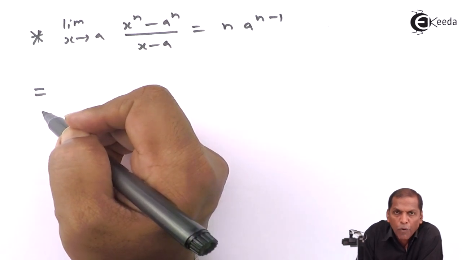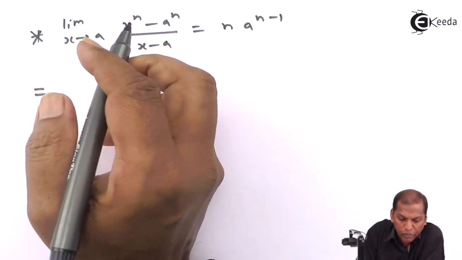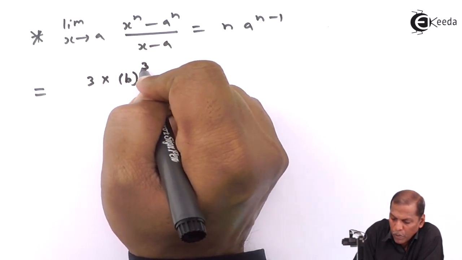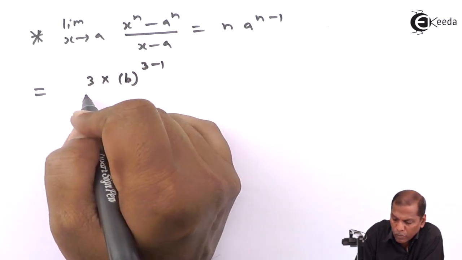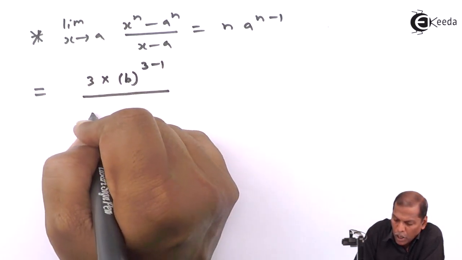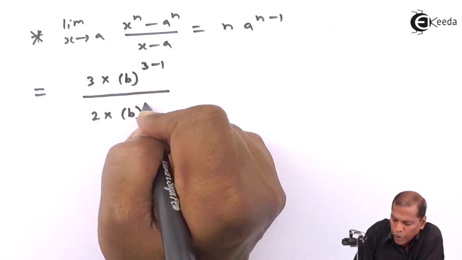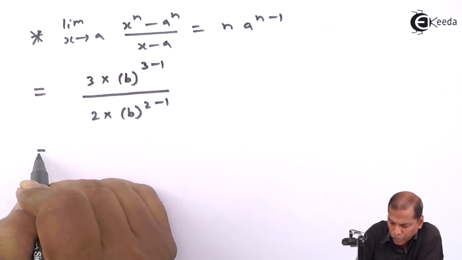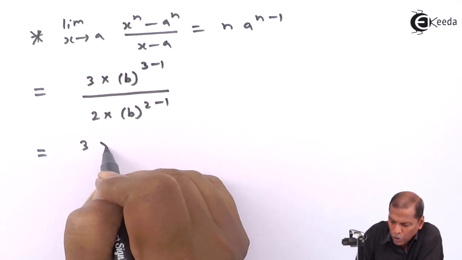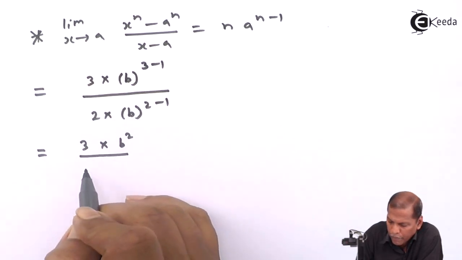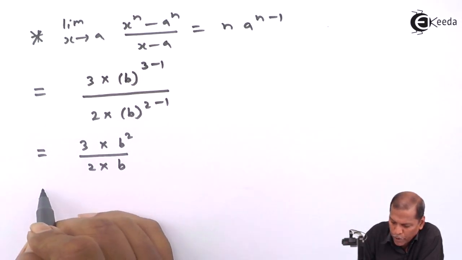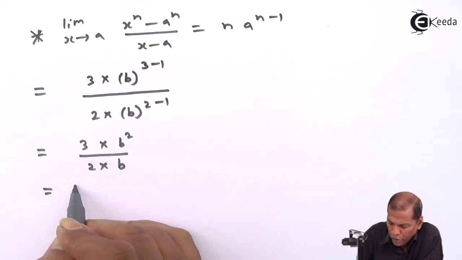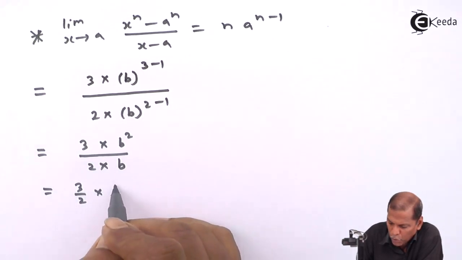Therefore, by using this formula, the next step will be 3 into b raised to 3 minus 1 in the numerator, and 2 into b raised to 2 minus 1 in the denominator. So that is equal to 3 into b square upon 2 into b. Cancelling one b from numerator and denominator, we have 3 by 2 into b.